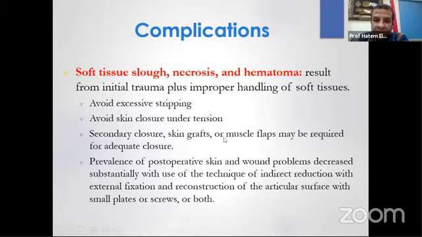When the skin is under tension, secondary closure, skin grafts, or muscle flap may be required for adequate closure. Prevalence of post-operative skin and wound problems decreases substantially with the use of the technique of indirect reduction and two-stage fixation.